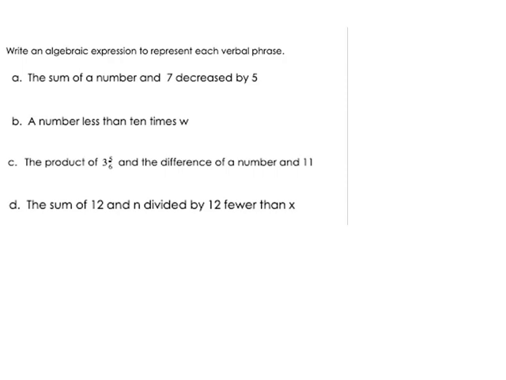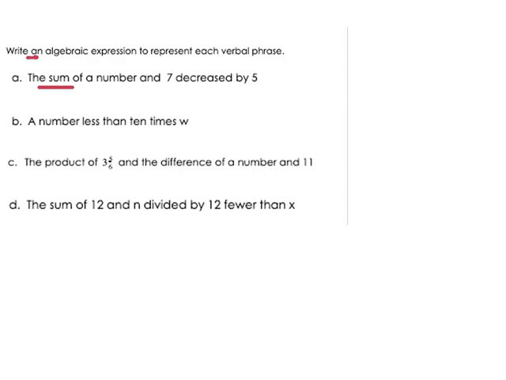All right, looking at this first question, it says, write an algebraic expression to represent each verbal phrase. So the first thing I need to do is mark up my text. So I'm going to read part A. The sum of a number and 7 decreased by 5. I know that I am underlining words that indicate my operations.